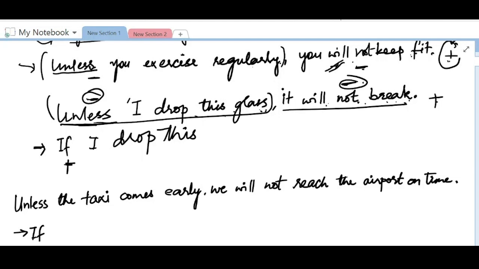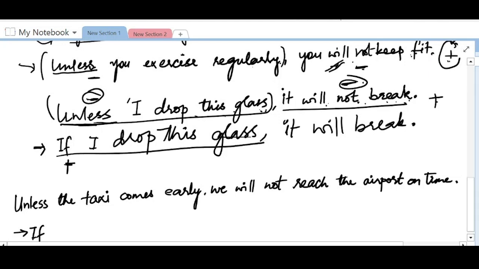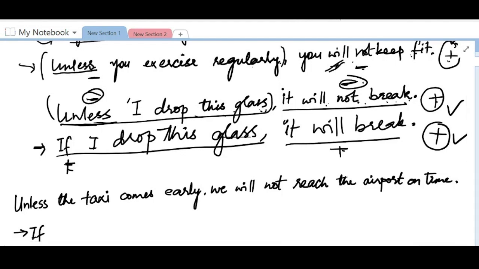And what is if? If is positive. If I drop this glass, comma, it will break or it will not break? Yes, it will break. Full stop. This part of the conditional sentence is positive and it will break is also positive. So plus plus plus. It means my original and my answer sentence match each other. So this is correct.